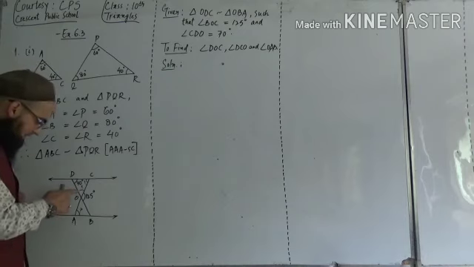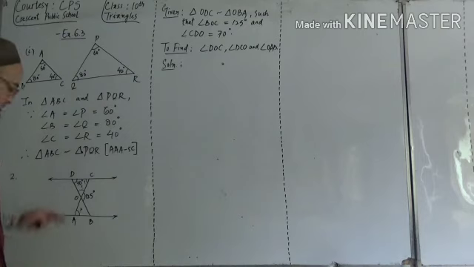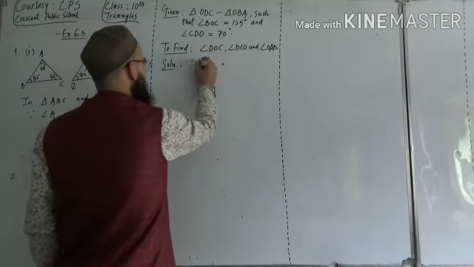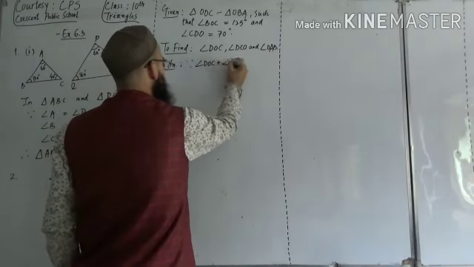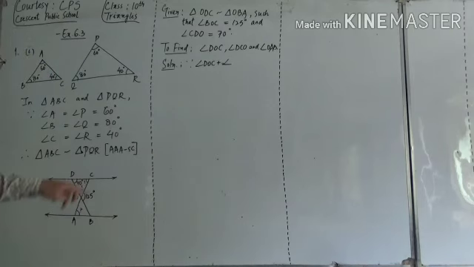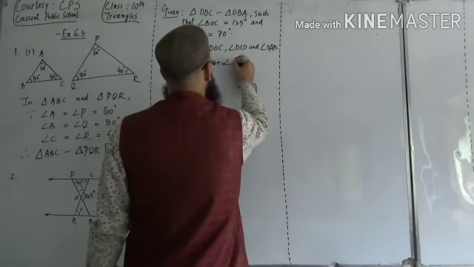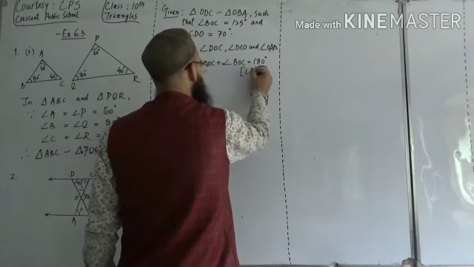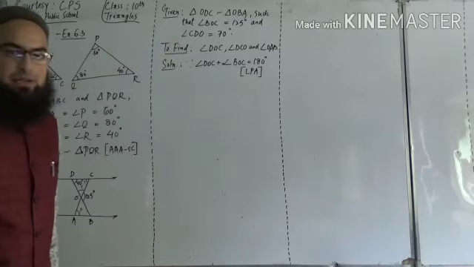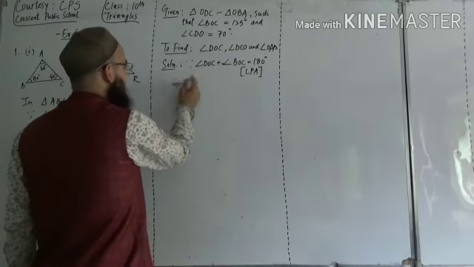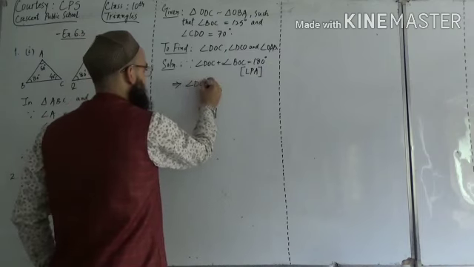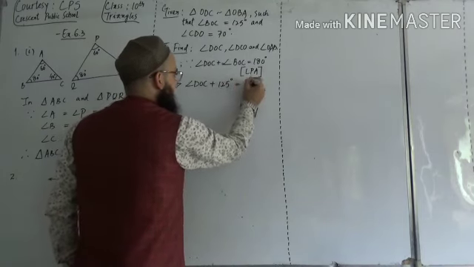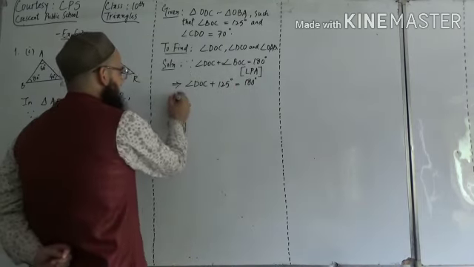Now if you see, this angle and this angle make a linear pair, so you'll get this angle easily. Since angle DOC plus angle BOC is equal to 180 degrees, reason is LPA, linear pair axiom, DOC plus BOC, which is 125 degrees, is equal to 180 degrees.